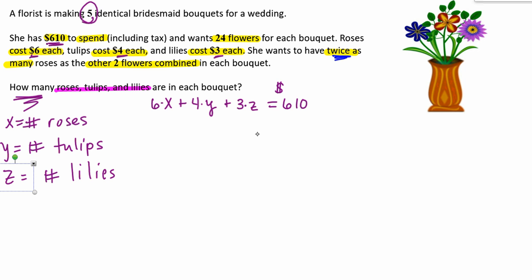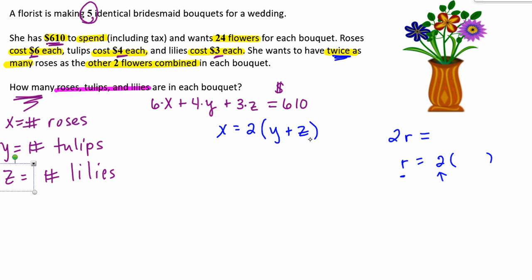She wants to have twice as many roses as the other 2 flowers combined. So here's the thought. Is it 2r equals something, or is it r equals 2 times something? Well, if the roses need to be twice as many, then it's got to be that bottom one. So it's going to be r equals 2 times, oops, not r, x. X equals 2 times (y plus z).